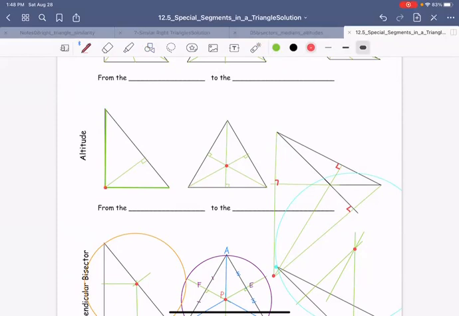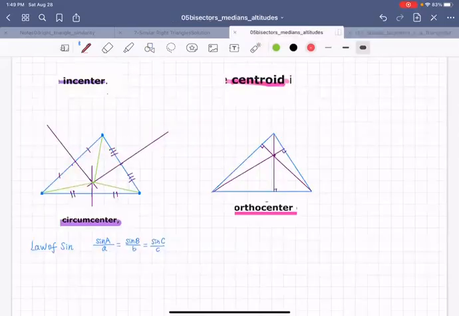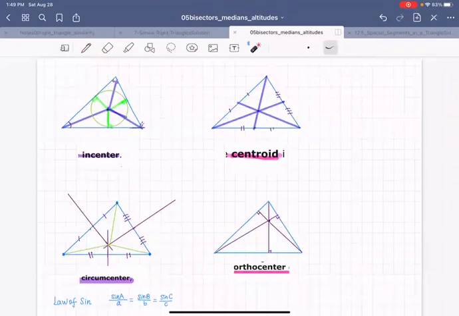Okay, all right. So that's about all the four centers, okay? In the incenter, you have a circle which is tangent to the triangle inside. For the second center, you can draw a circle which will have a radius, okay?